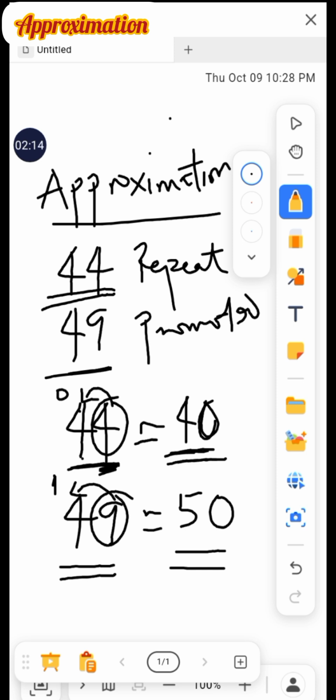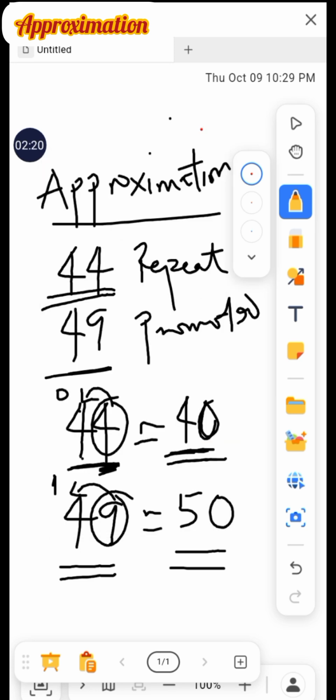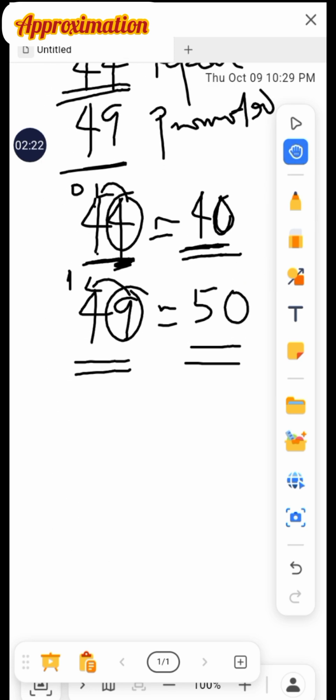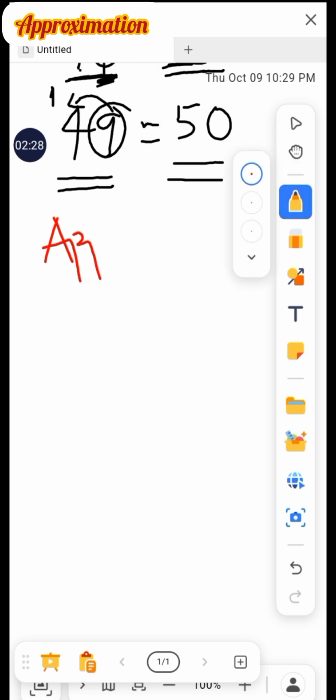Okay, so now let's go in depth further. So let's talk about approximation of numbers. What are the key ingredients we need when we are approximating numbers?